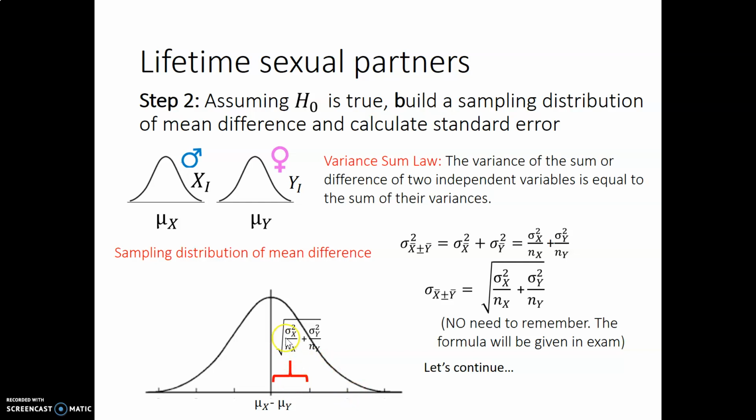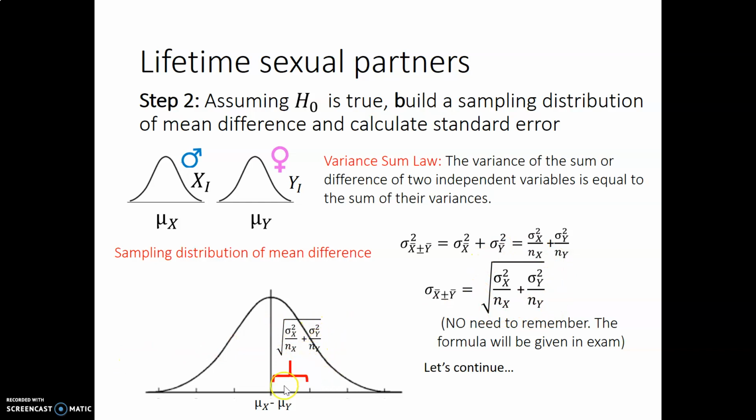The mean of this sampling distribution is equal to the population's mean difference, that is mu x minus mu y. And the one standard deviation of this sampling distribution is this value here.